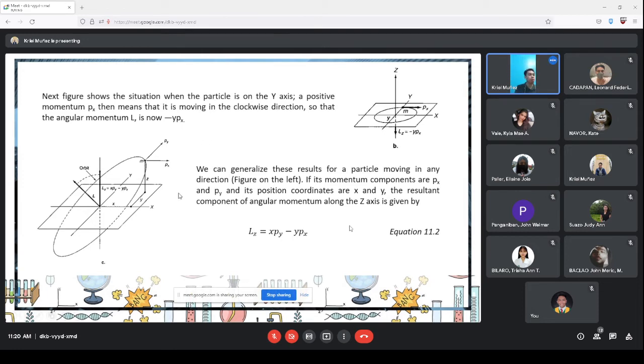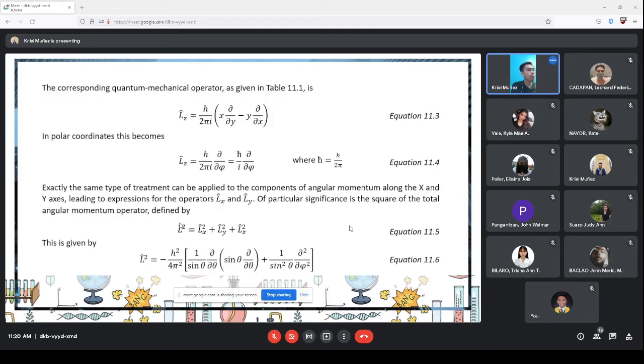We just have to calculate the total angular momentum, and whichever gives the higher value would govern the direction of our angular momentum.